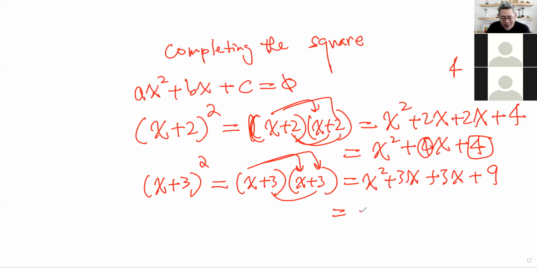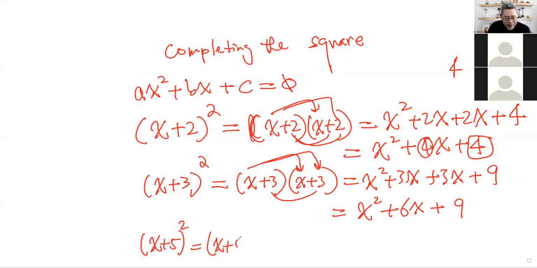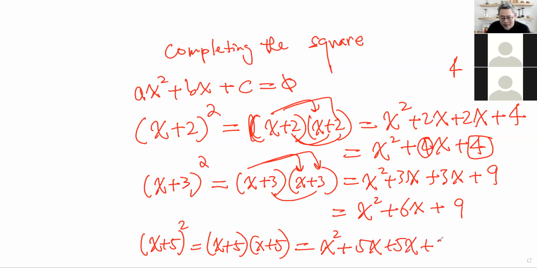And we got x squared plus 6x plus 9. Let's try another one, x plus 5 squared. That gave us x plus 5 times x plus 5. That is x squared plus 5x, then plus 5x plus 25. And that is x squared plus 10x plus 25.